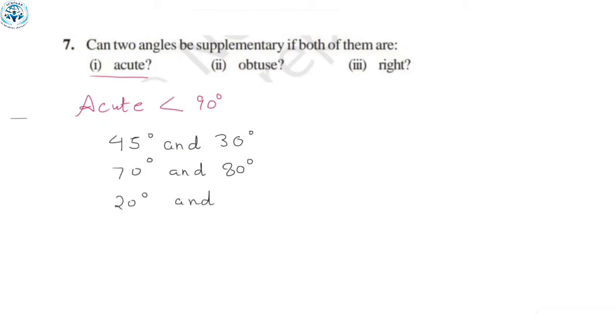Both are less than 90 degree, both are acute, 20 degree and 80 degree, and 80 degree and 80 degree. You can find out the sum of each of these pairs. So we can say that none of them is supplementary.